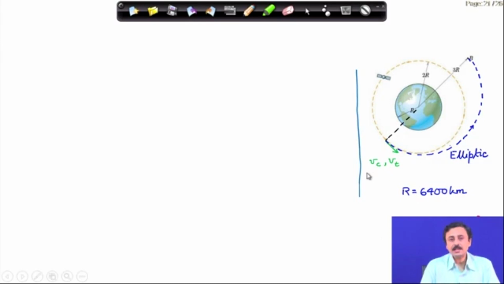Now, this V c is the orbital speed on the circular path, V t is the tangential velocity required to reach B as the apogee point. Therefore, V t must be the velocity on an elliptic path at perigee.